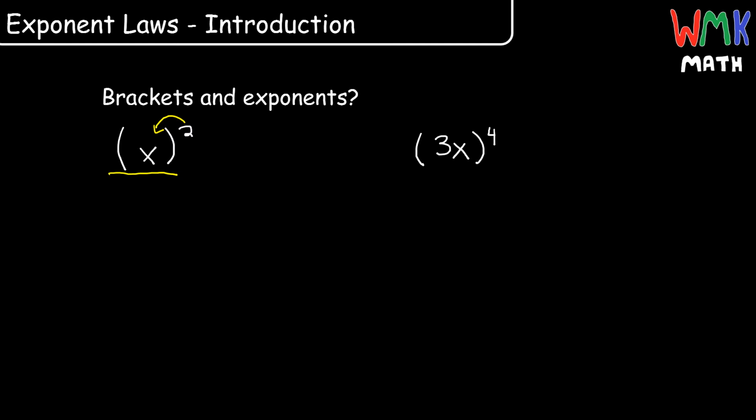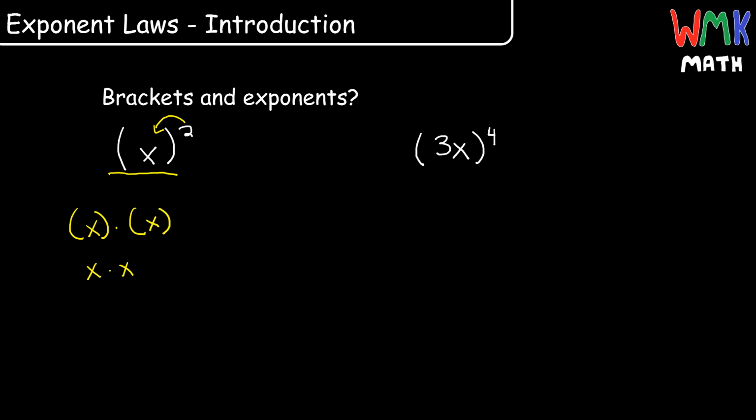So x to the power 2 means x times x. And if we were to really simplify this, this literally simplifies to x times x.